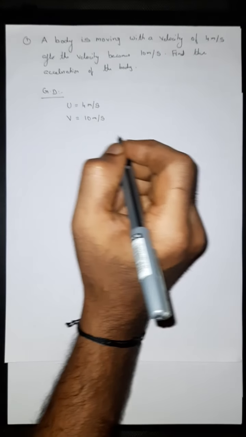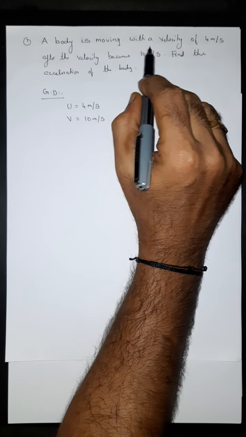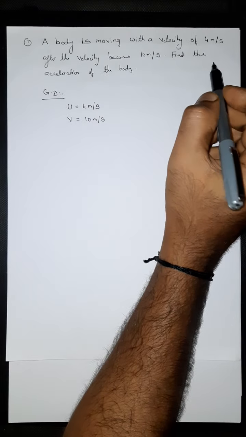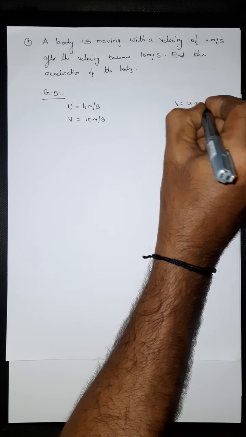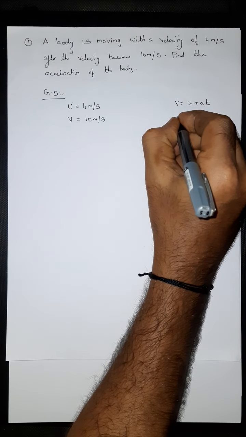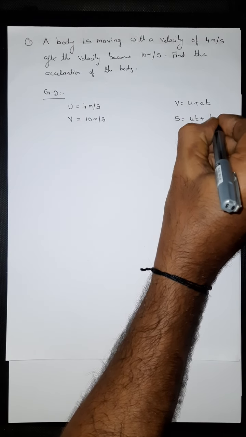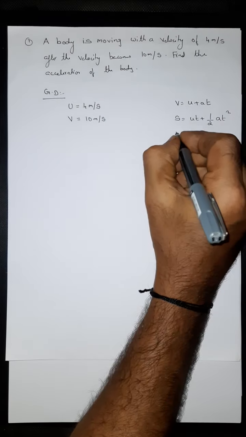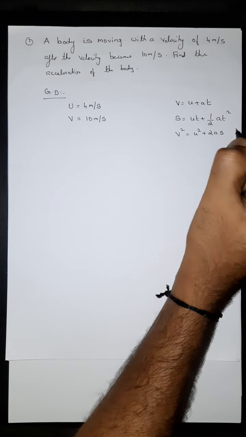Right. I taught you three formulas for when the particle moves in the horizontal direction. So v is equal to u plus at, s is equal to ut plus half at square, and v square is equal to u square plus 2as.